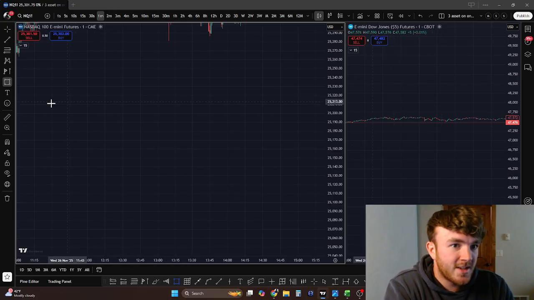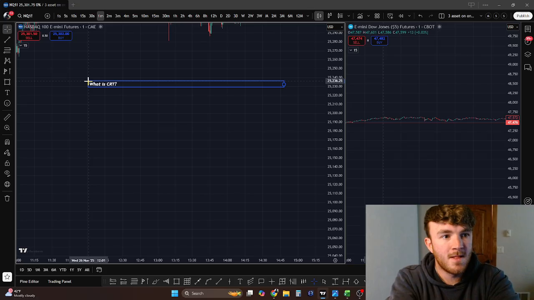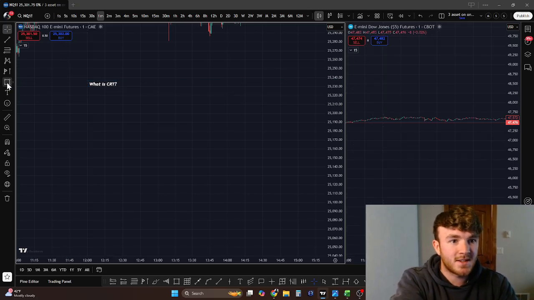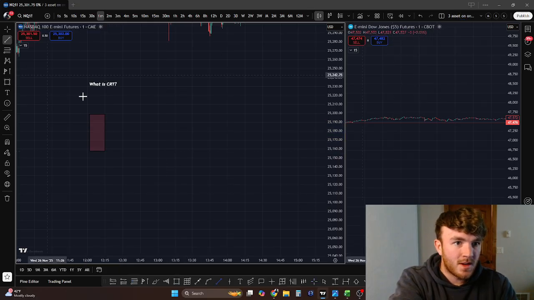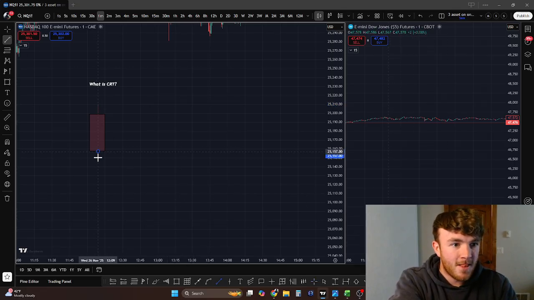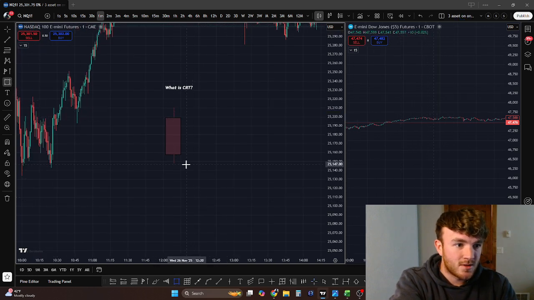So what is CRT? Well, it is basically when you have a candle or series of candles. It can be a single candle or it can be a series that form a range. So, for instance, it could be a single candle like this. We sweep out the low aggressively.